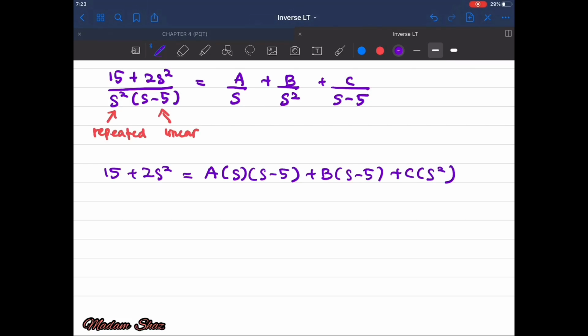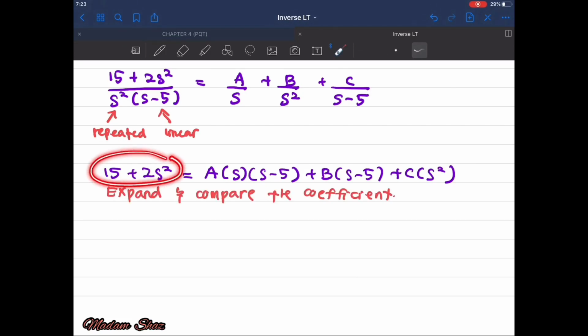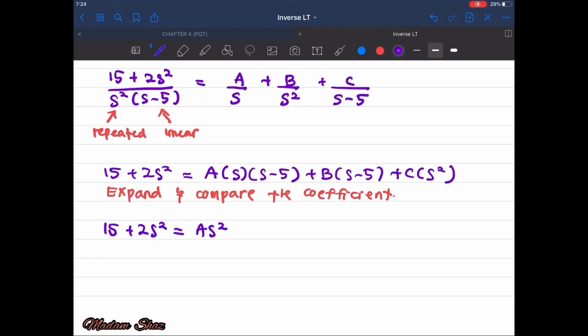So now in order to find the value for a, b and c, I will use the method of expand and compare the coefficient. So on the left hand side, there is nothing that you have to expand. So we just copy down. 15 plus 2s square is equal to a multiply with s, multiply with the s will become as square.